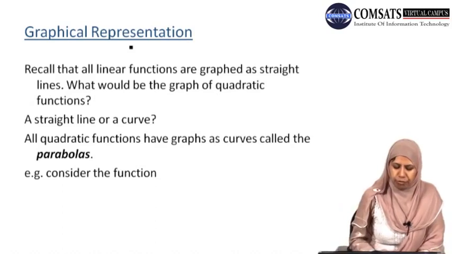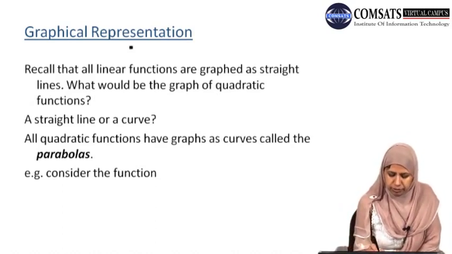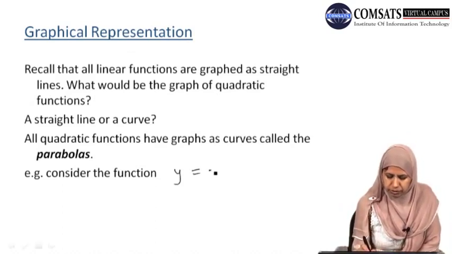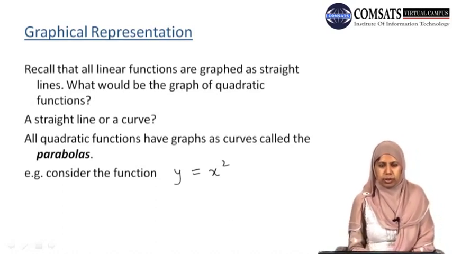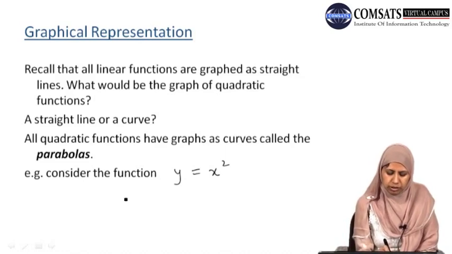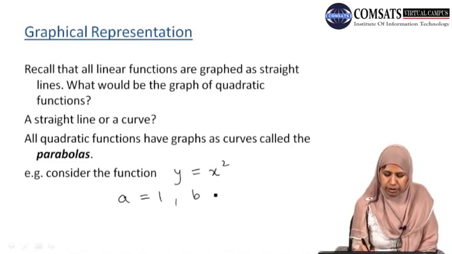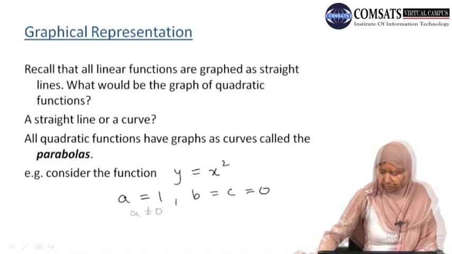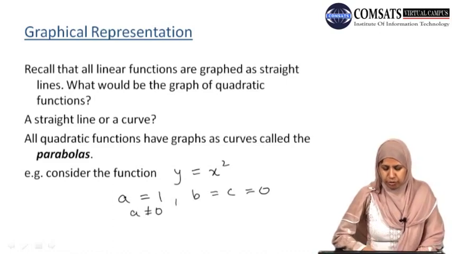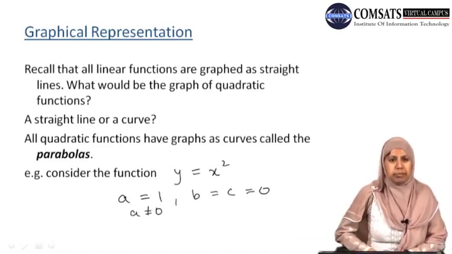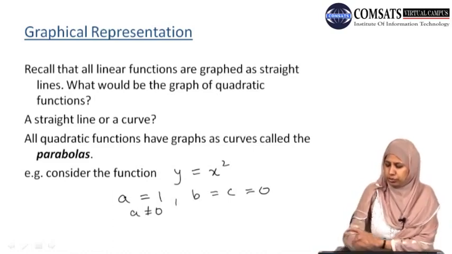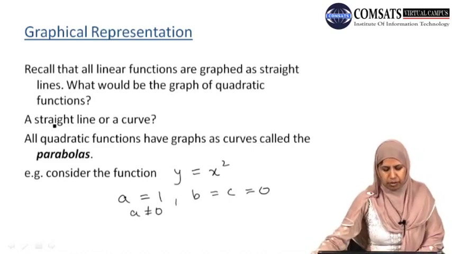Okay. For example, consider the function y equals x square. It is a quadratic function with a equals to 1 and b equals c equals to 0. Now clearly a is different from 0. It is an example of a quadratic function, the simplest one, with b and c equal to 0.